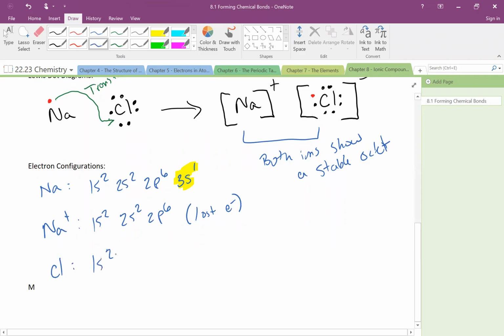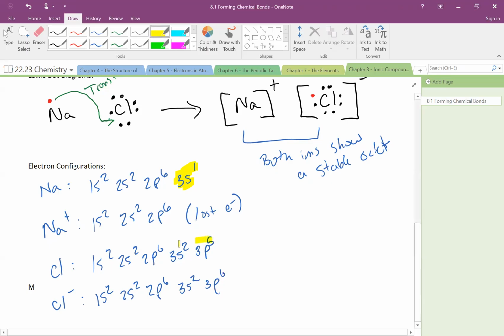Cool. When we do our chlorine, we have 1s2, 2s2, 2p6, 3s2, 3p5, and our chloride, our Cl minus, is going to gain an electron. So 1s2, 2s2, 2p6, 3s2, and my 3p5 will become 3p6.